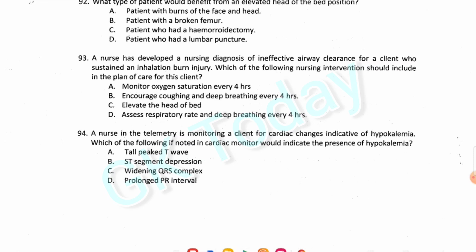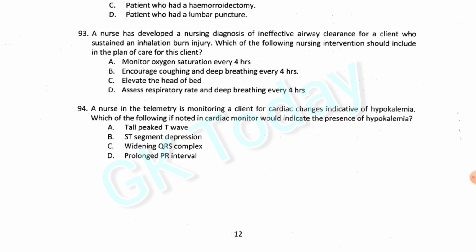Question number 93. A nurse has developed a nursing diagnosis of ineffective airway clearance for a client who sustained an inhalation burn injury. Which of the following nursing interventions should be included in the plan of care for this client?